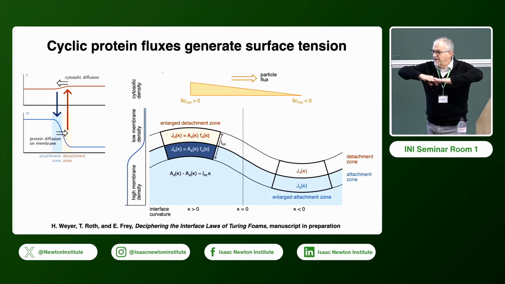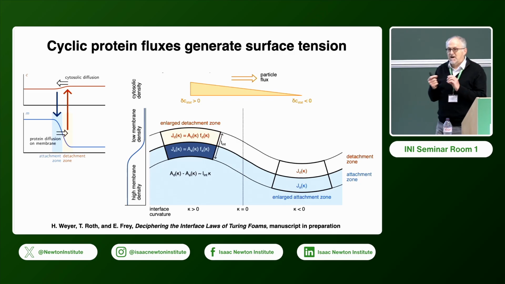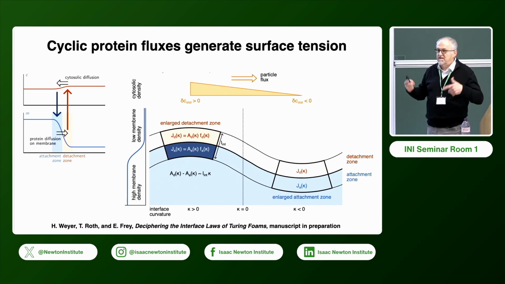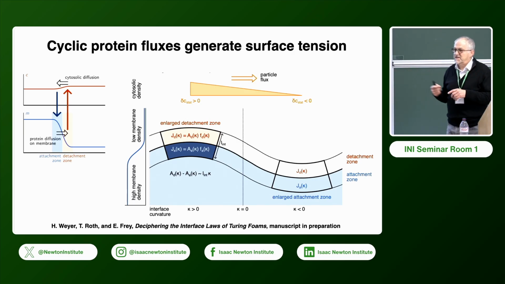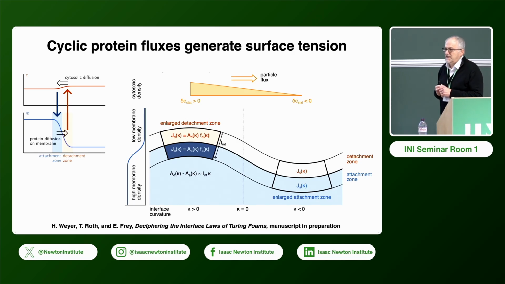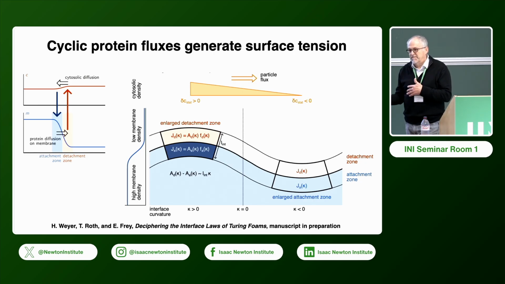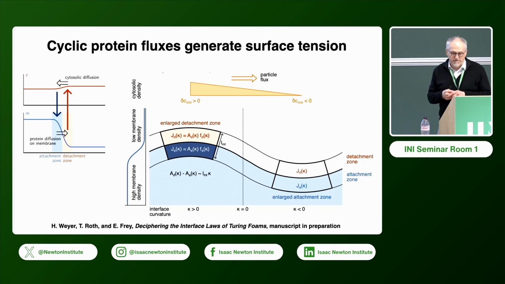Okay? Right? So the surface tension comes through cytosolic fluxes and this maintained cycling of proteins between the membrane and the cytosol. There's no interaction here. It's just non-equilibrium fluxes that move this interface. After all, the interface comes about not by interactions, it comes about by the presence of these non-equilibrium fluxes.